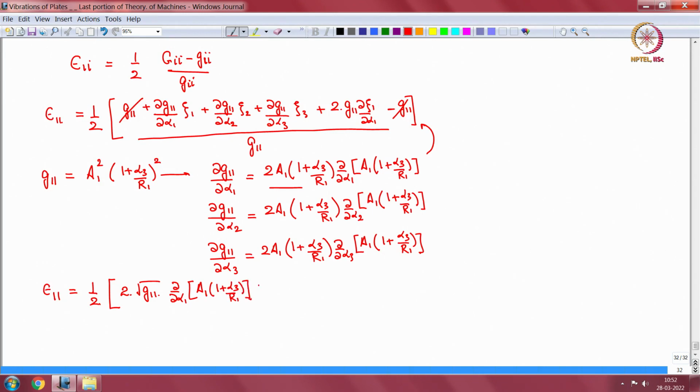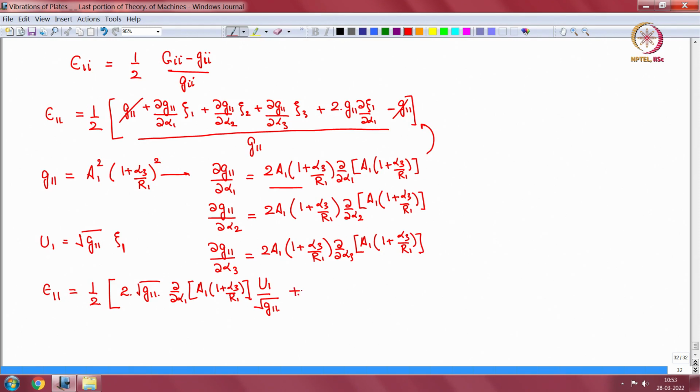Xi 1 I am going to write as U1 by root G11. Okay, U1 is the actual displacement which is given by root of G11 into the coordinate change, if you remember. You remember this, okay.